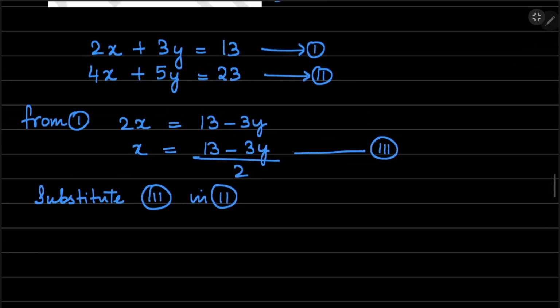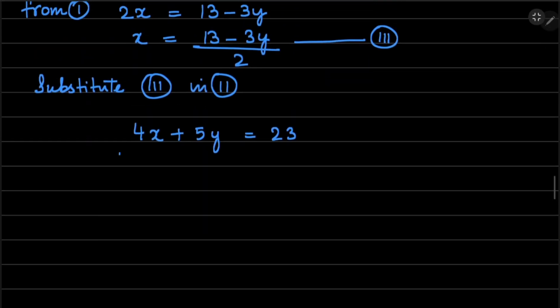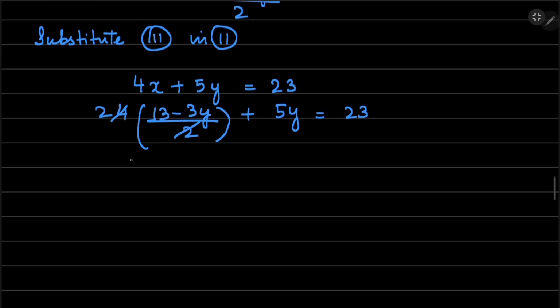So what is your equation 2 here? 4x plus 5y is equal to 23. In place of x, we are going to write 13 minus 3y whole divided by 2, plus 5y equal to 23. So you can cancel, 2 twos are 4. So what you have here is 2 multiplied by 13 minus 3y plus 5y is equal to 23.